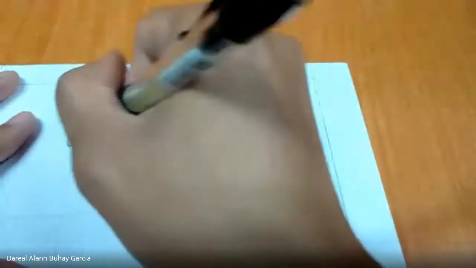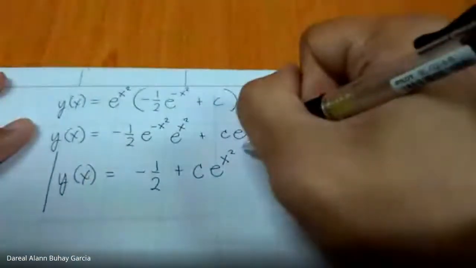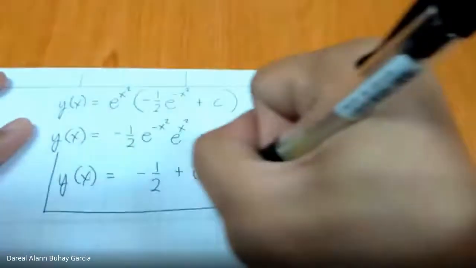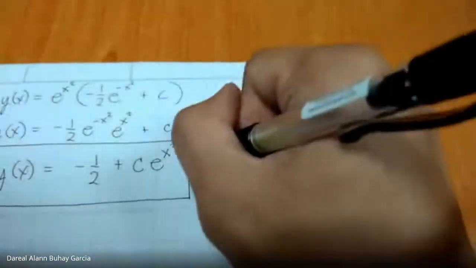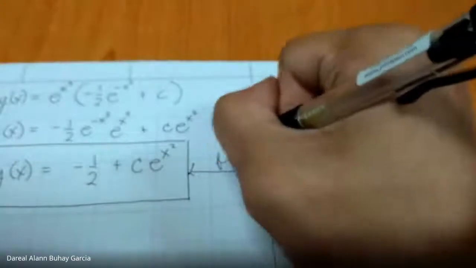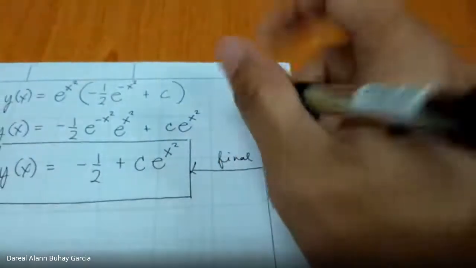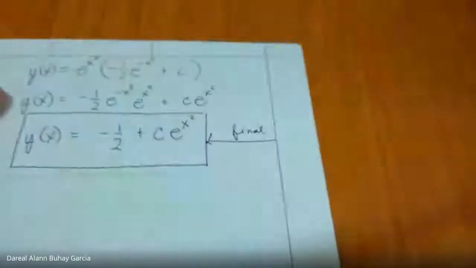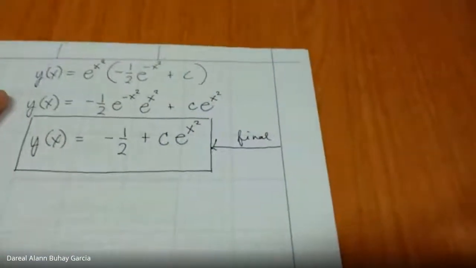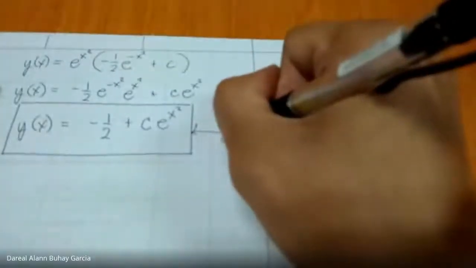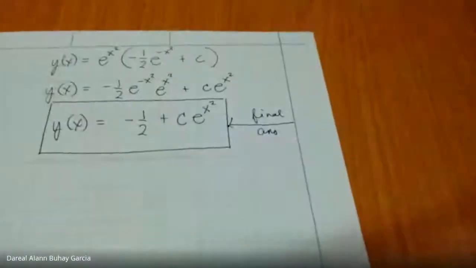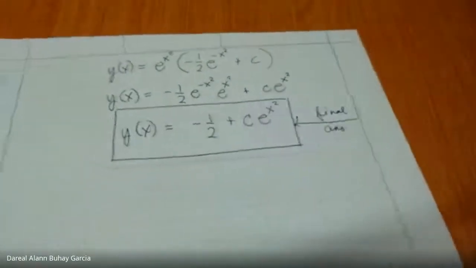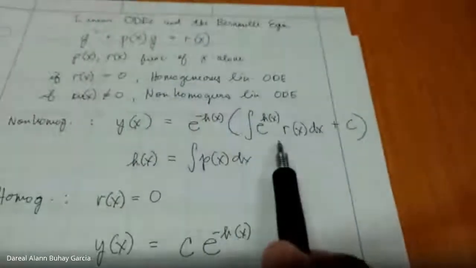And this is our final answer. So it's pretty easy, right? Compared to our previous types of ODEs. So don't forget the formula.